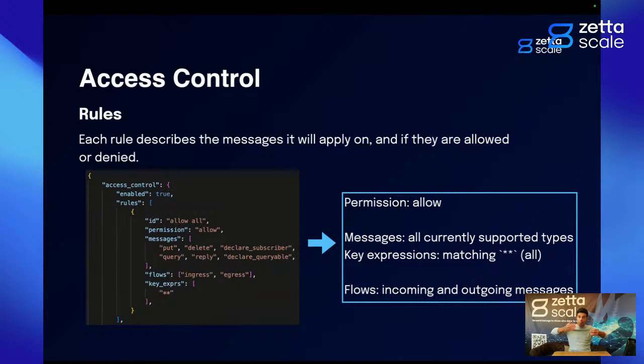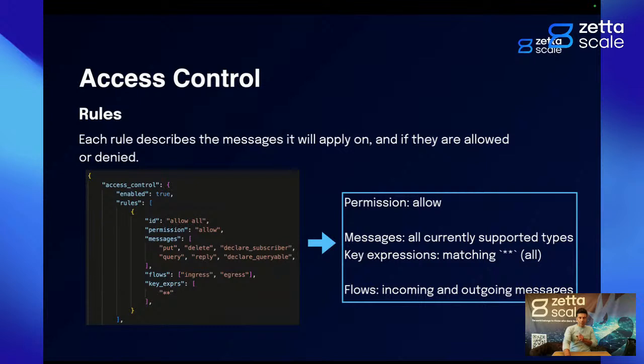So I am able to control who can see my declare queryable, for instance. Likewise my replies. Then I can control the flow, ingress or egress, and the key expression. So this is how a basic rule would look.